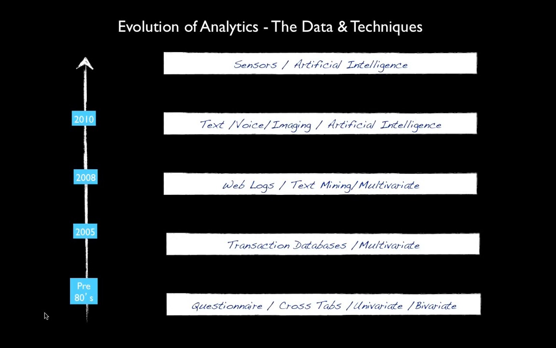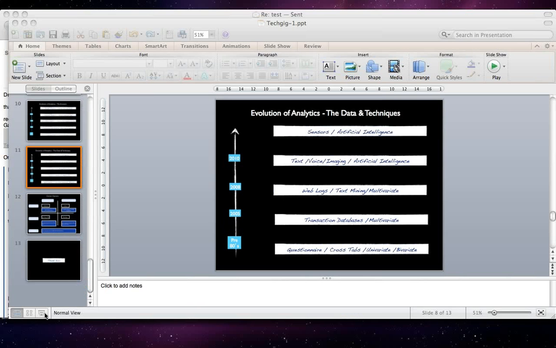For social media analytics, a lot of web logs, text mining, and obviously multivariate techniques are being used. And when we move on to sentiment and thought analytics, that is where the realms of artificial intelligence come into play. There are a lot of projects currently happening which are related to that.